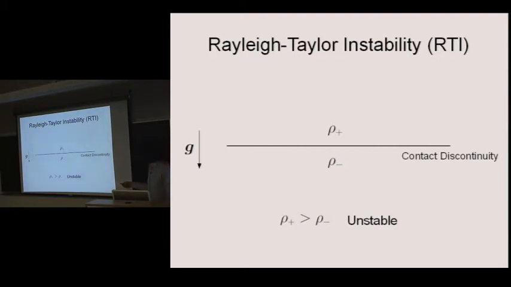And you also need there to be a gravitational field or some sort of acceleration. If the acceleration is going downwards, and you have heavy stuff on top of light stuff, the heavy stuff wants to fall through. That's what I mean by Rayleigh-Taylor instability. So you're unstable if the density of the upper material is larger than the density of the lower material.